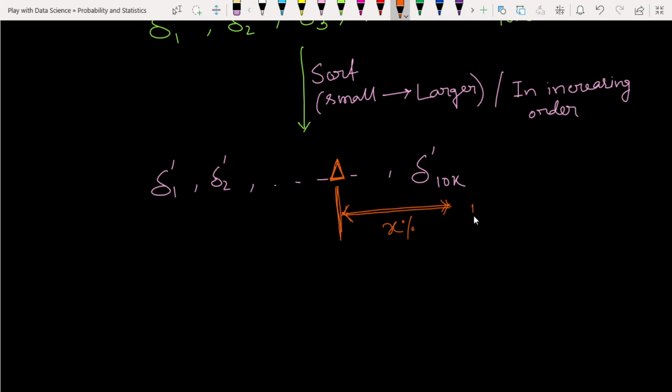Then we can conclude that the p-value will be x percent.